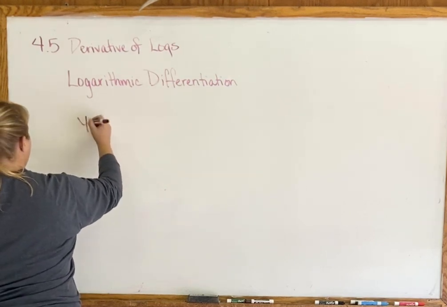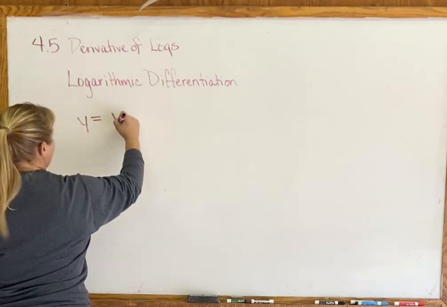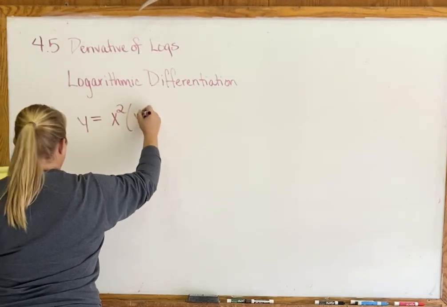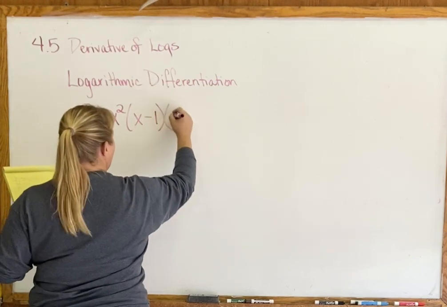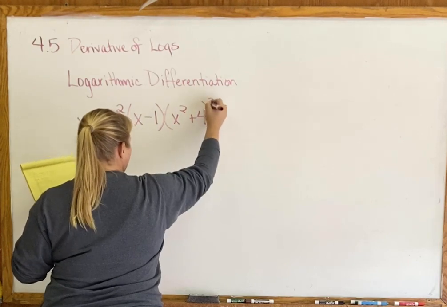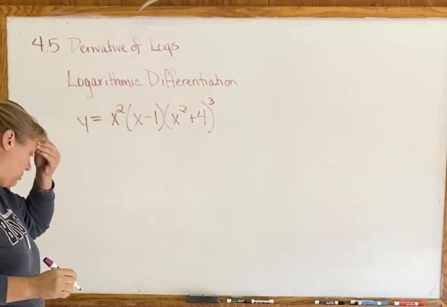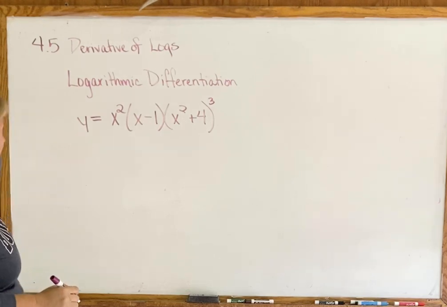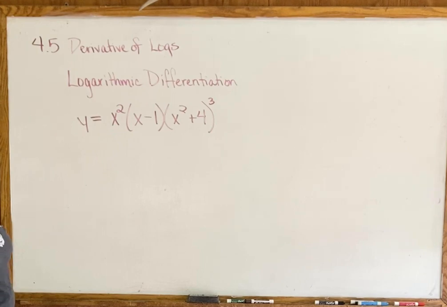Let's say that we were looking at the function y equals x squared times x minus 1 times x squared plus 4 to the 3rd power. So let's say that this is the function I wanted you to take the derivative of.